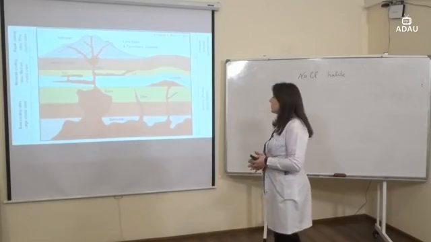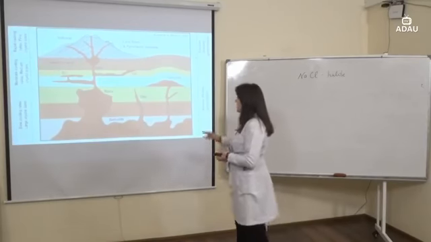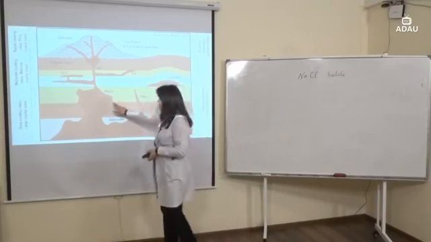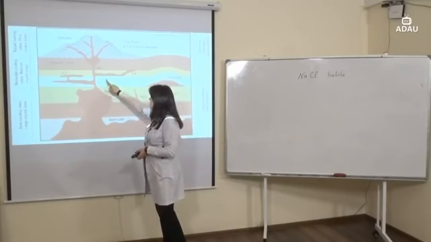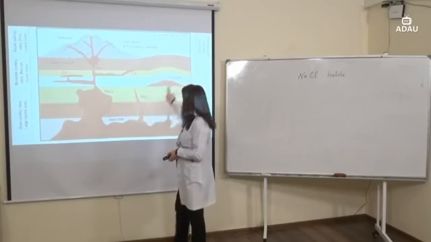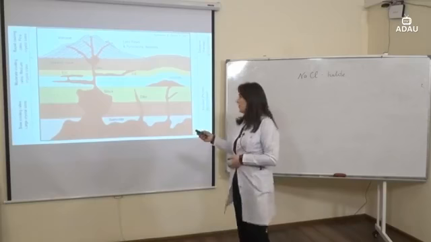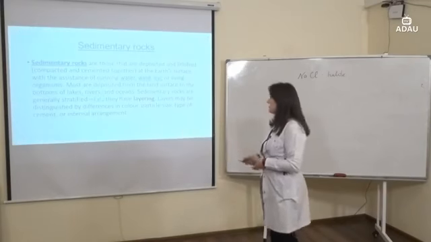Here are the volcanic process and the bed forms of magma from the mantle. Dike, sill, stock, and laccolith bed forms are in the igneous rocks.